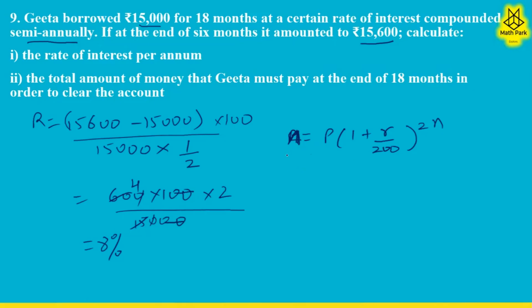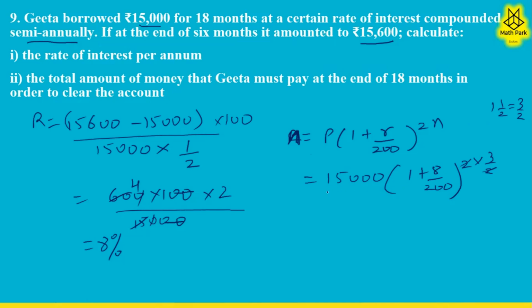So the principal was 15,000, 1 plus the rate we have calculated, 8 upon 200. And the period here is 1.5 years, which is 3 by 2, so into 3 by 2.